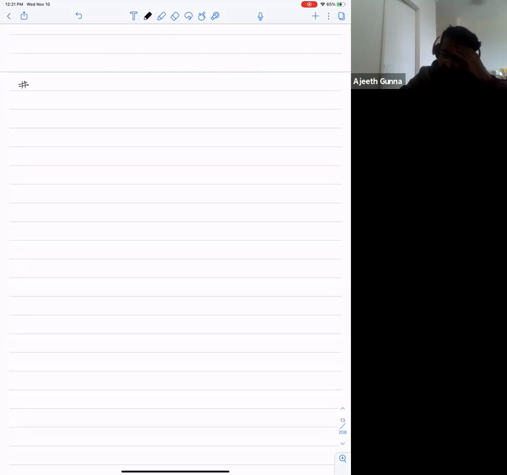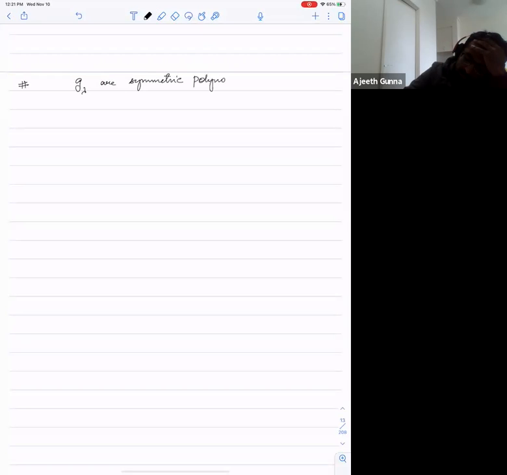In the second part, I'm going to talk about a different set of polynomials. G lambda are symmetric polynomials, and there's a standard involution map that sends the Schur function S lambda to S lambda prime.